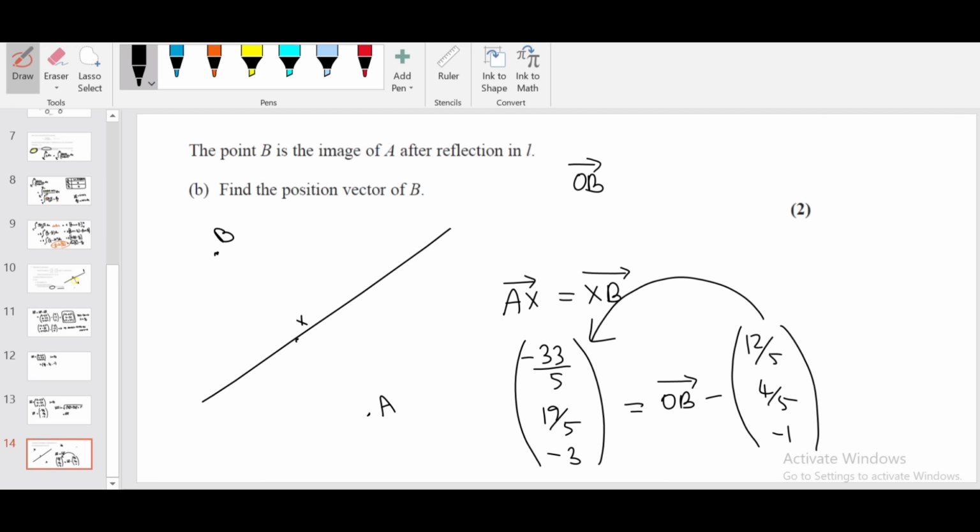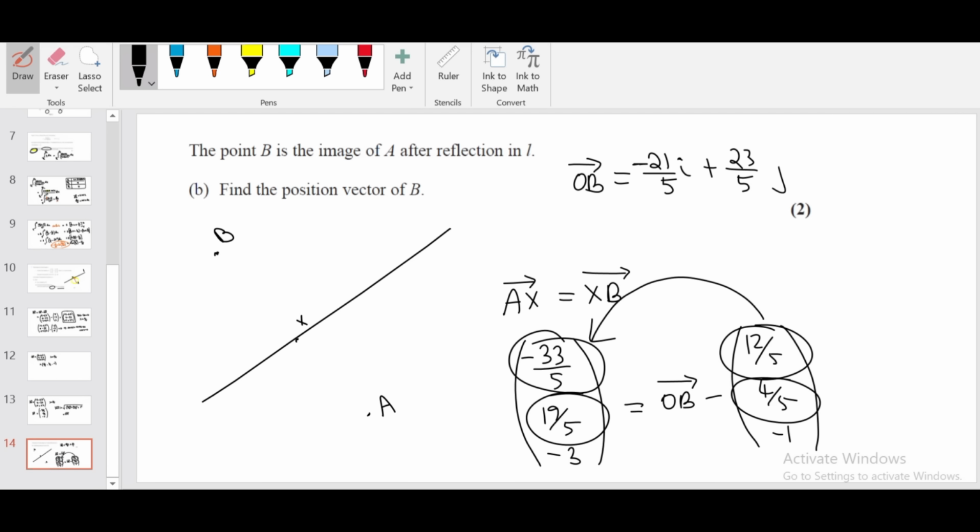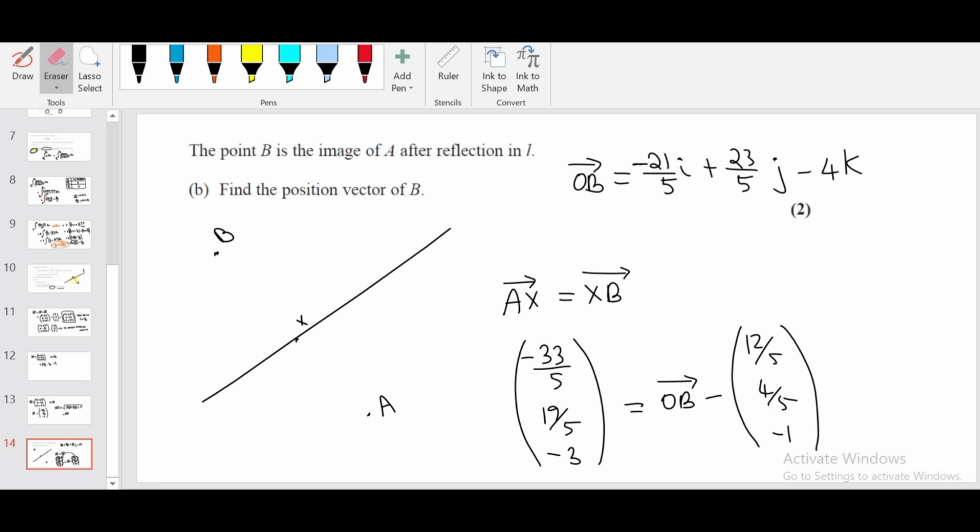So OB vector is equal to, when you add these two, minus 33 plus 12 is minus 21 over 5 i. You add these two, you will get 23 over 5 j. Minus 3 minus 1 is minus 4k. So that's the position vector of B. That's all.